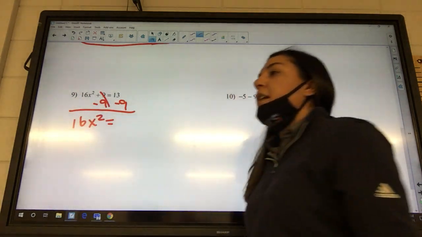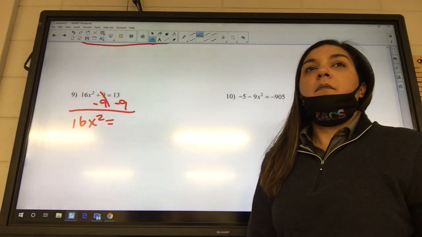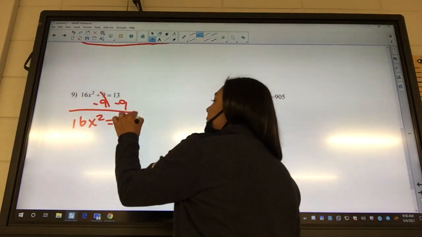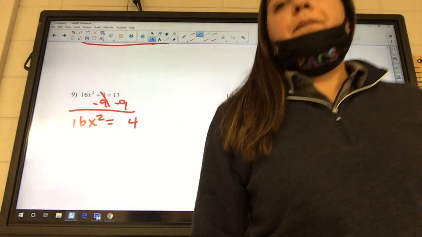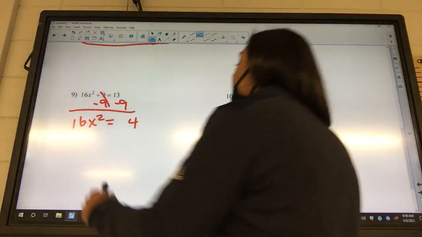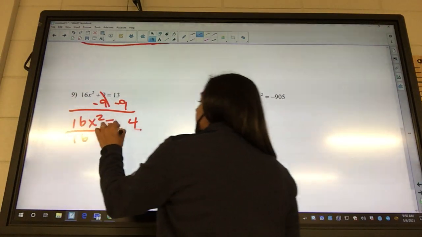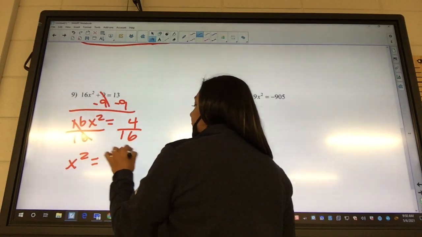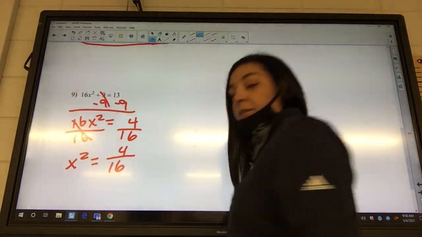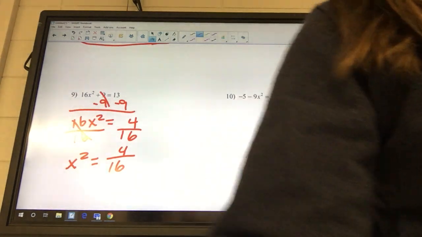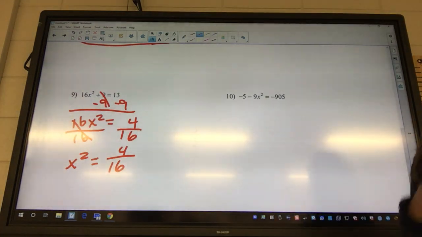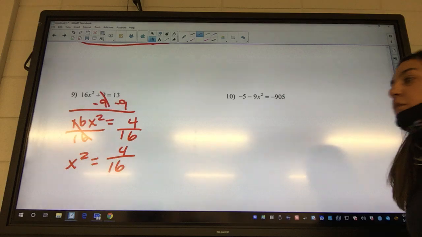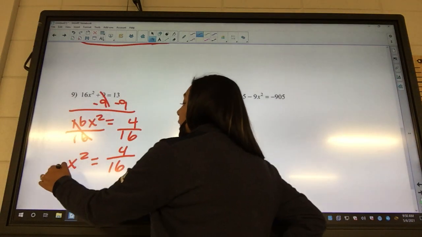What's 13 minus 9? 4. Okay, now what? We divide by 16. X squared equals 4 over 16. Now it'd be 2 over 4, so half. So we square root.